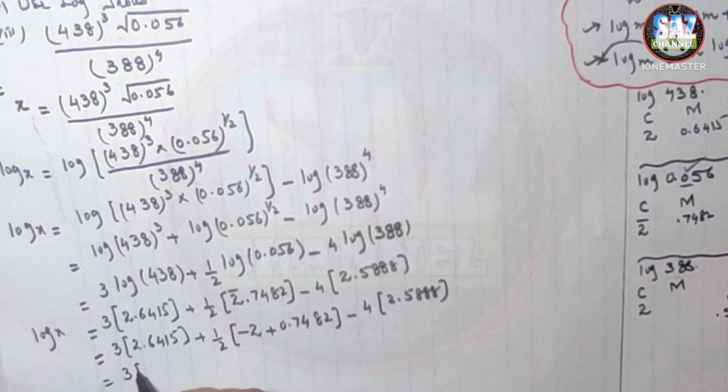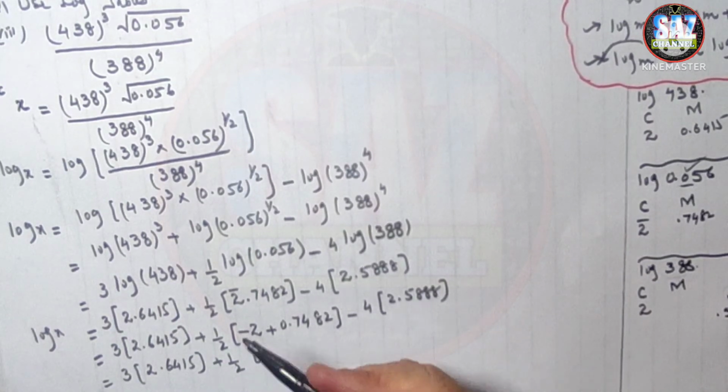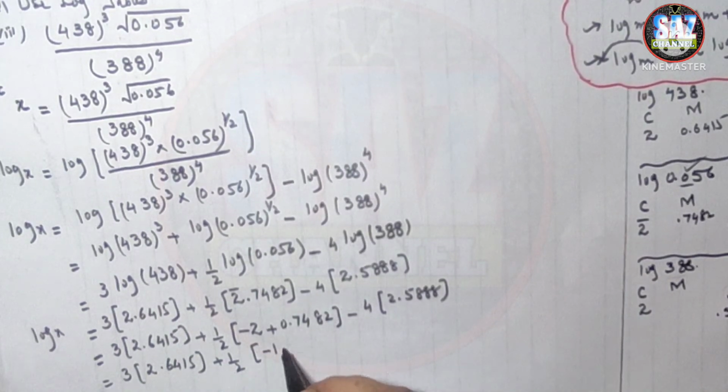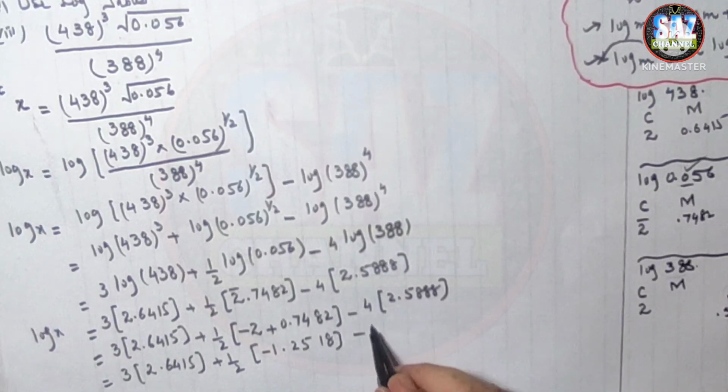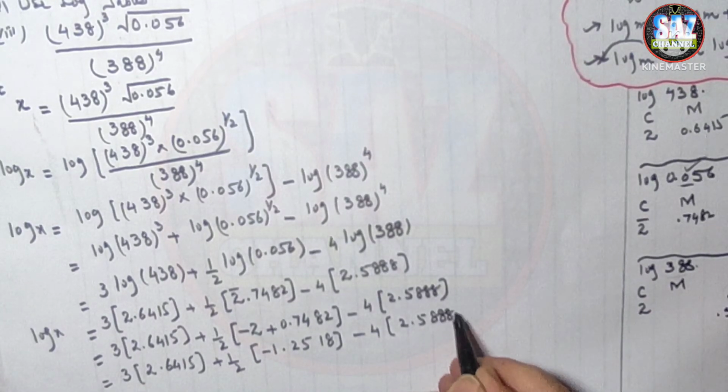3 into 2.6415 plus half and minus 1.2518, and this will be coming as it is 4 into 2.5888.